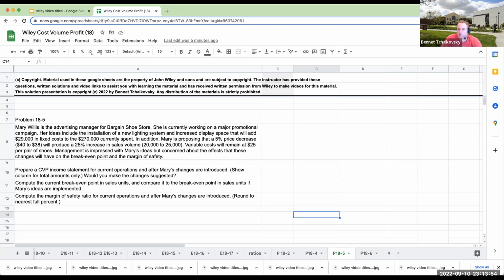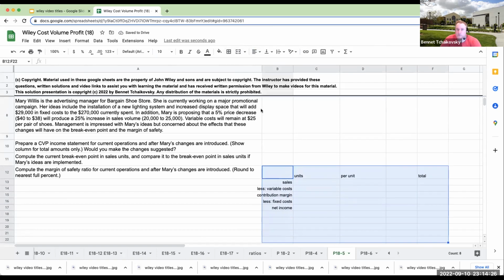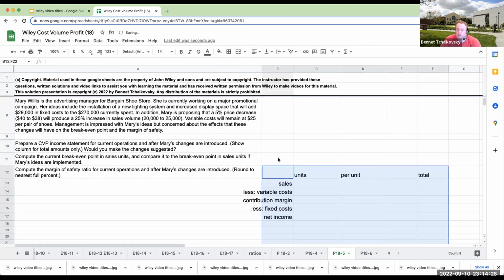So let's take a look at this. Our current situation: sales less our variable costs gives us our contribution margin, less our fixed costs gives us our net income. So this is existing.